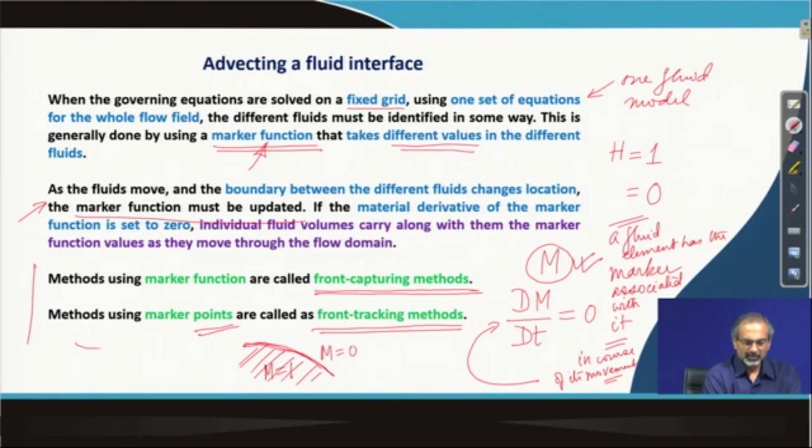While there could be approaches by which we have a collection of points which are moving through the domain, and the collection of points define a front. So, if we have such marker points and we are tracking those marker points, we have so called front tracking methods, and if we have marker functions and we are tracking them, we have the front capturing methods.